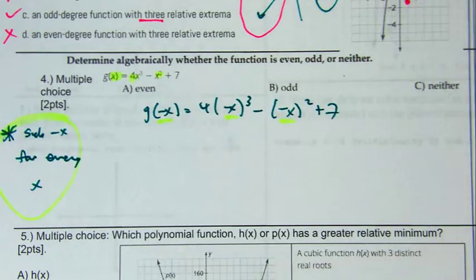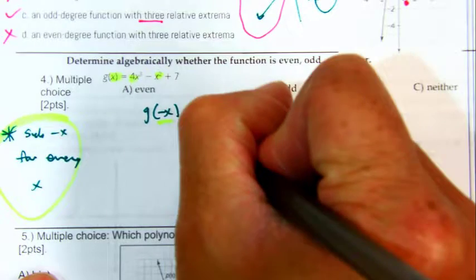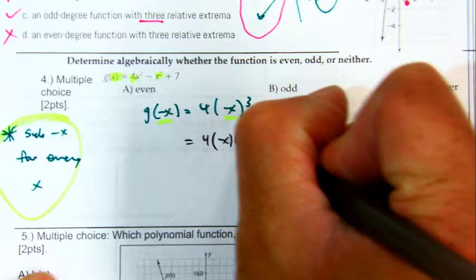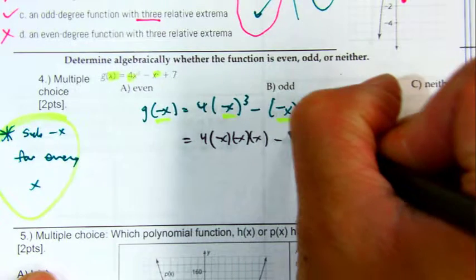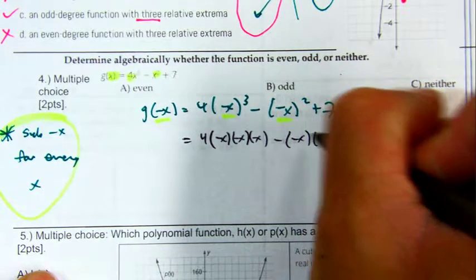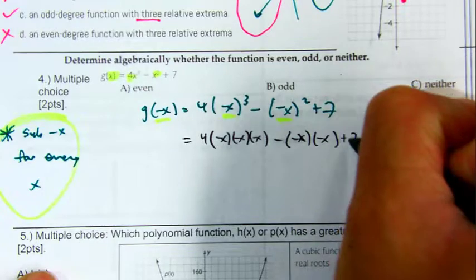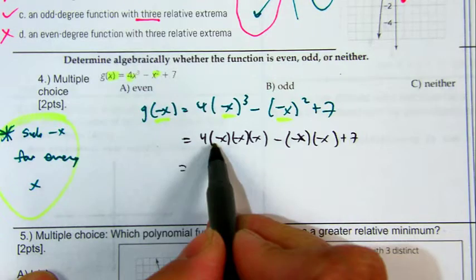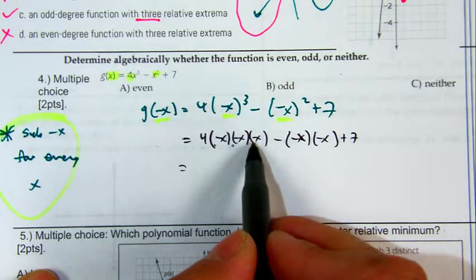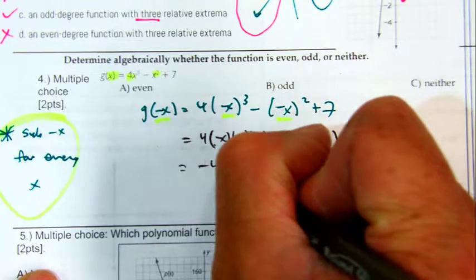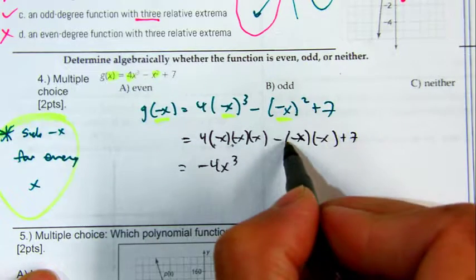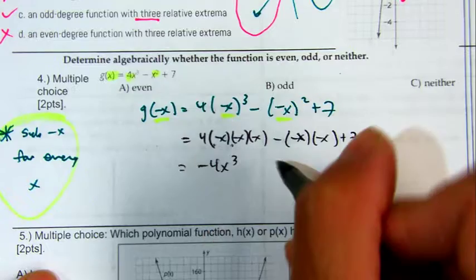I'm just going to go through and simplify it. So 4 times negative x cubed, minus negative x squared, plus 7. Negative times negative is positive, positive times a negative is negative, negative times a positive, negative 4x to the third power. Positive times a negative is negative x squared plus 7.